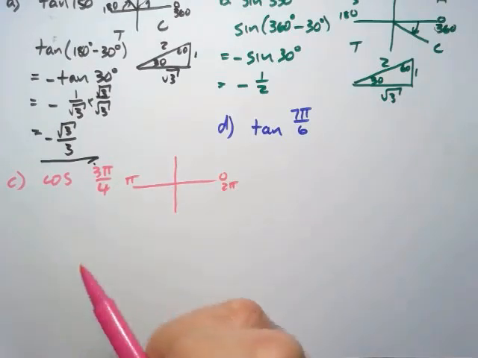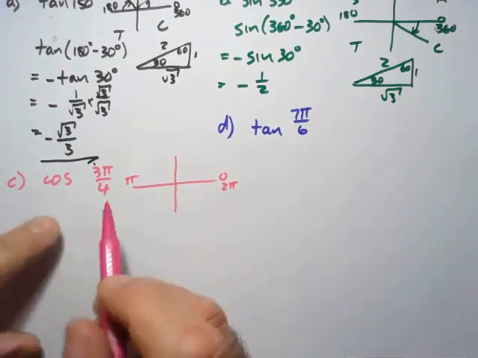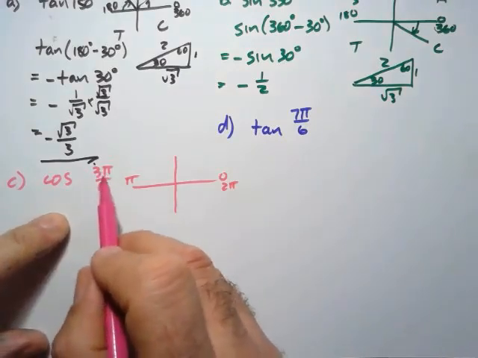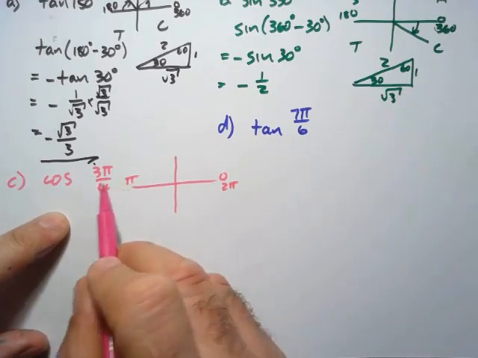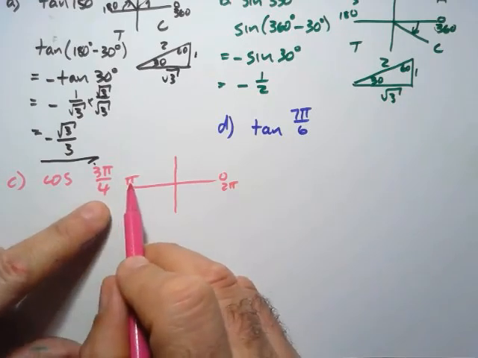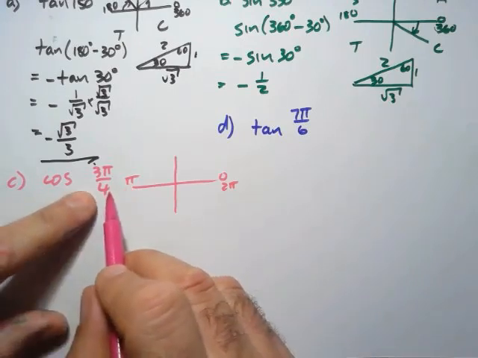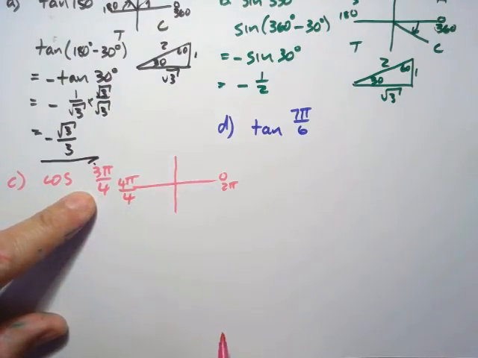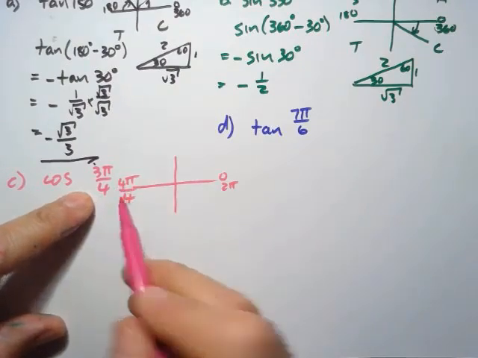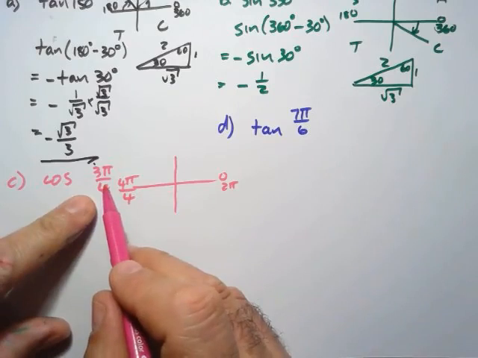They say 3 pi over 4. Now the hint here is, if they give you a fraction, write pi as the same fraction. So pi, which is 1, with the denominator of 4 is the same as 4 pi over 4. Right, so pi is 4 pi over 4, which is 1 pi. Where's 3 pi over 4?